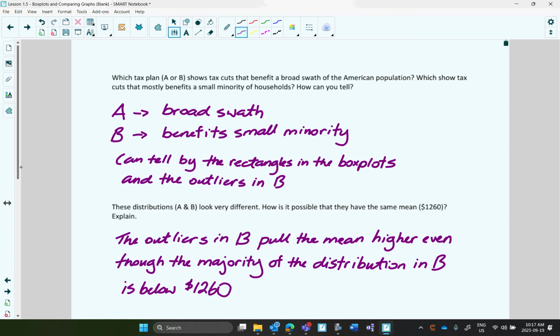It's pulling the average up, where in reality, a huge percentage are actually getting below 1260. So you can see how statistics can be used to shape an argument, which is exactly what happened in the States. They're still arguing about it today. All you hear Democrats say is that the tax cuts benefit the rich, and the Republicans are saying we had one of the biggest tax cuts in history.